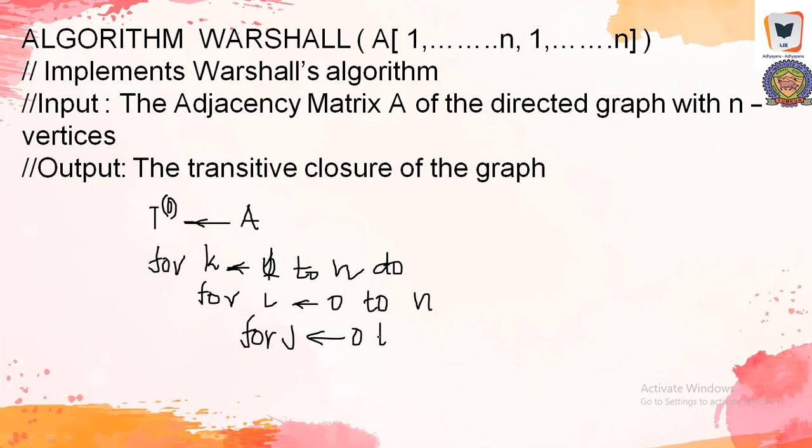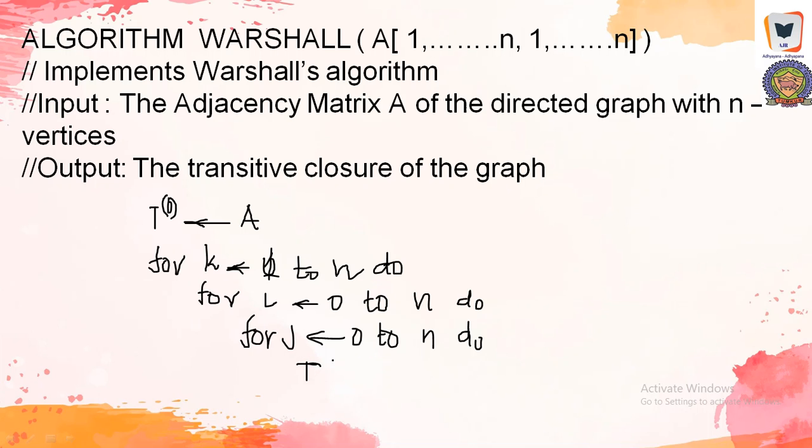J is meant for column, I is meant for row, that is selected in the k minus 1th matrix. Of course, the k minus 1th matrix. This is our convention, therefore we will write this. Anyway, it's an algorithm. Okay. Now we will write that governing rule.